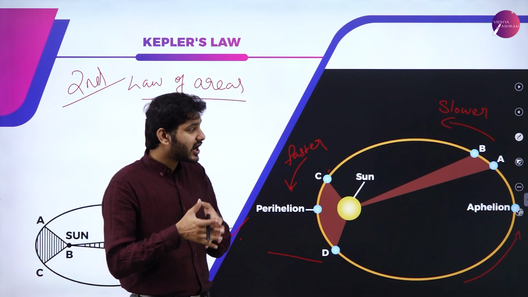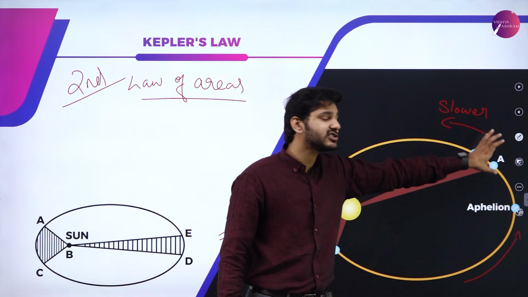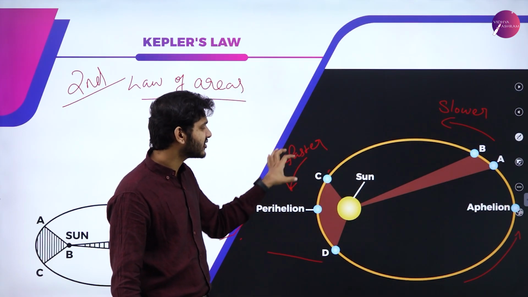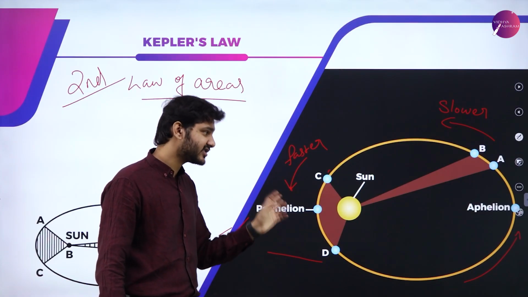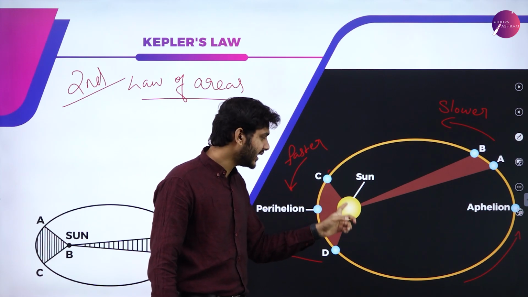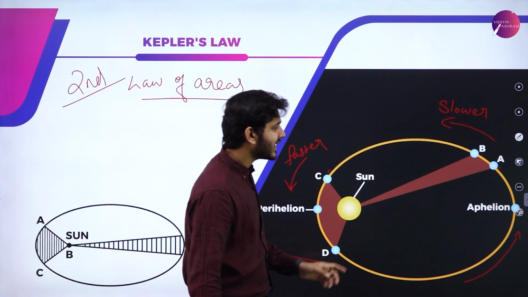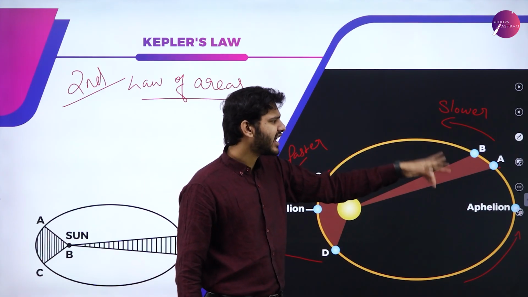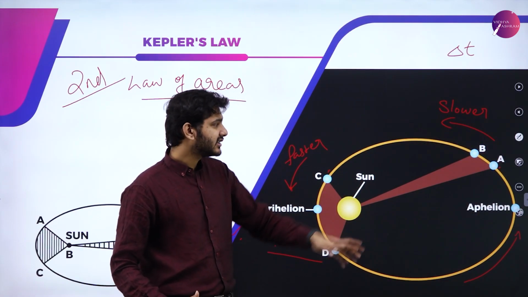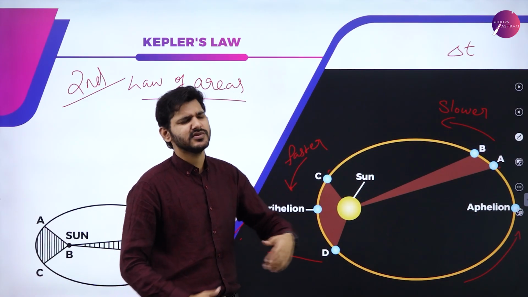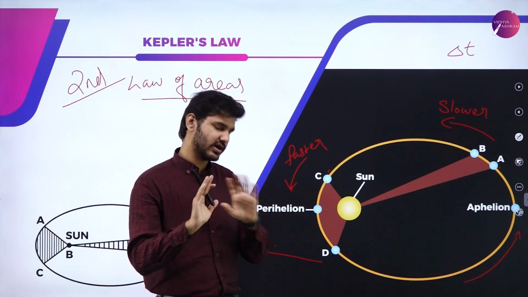So what did he learn? He learned that since the planet is moving much slower here and much faster here, there is actually a mathematical relation because this is an ellipse. He joined a line from the sun to the planet. Let's say the planet was first in position A, and after delta t time, the planet was in position B, whether that is 10 seconds, 10 days or 10 years, whatever you want to take.